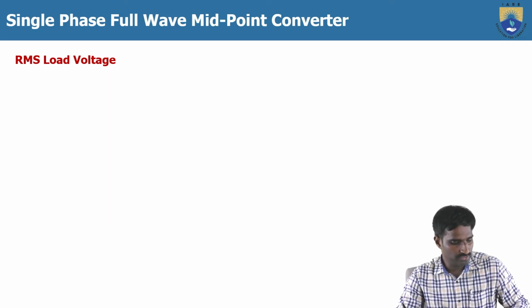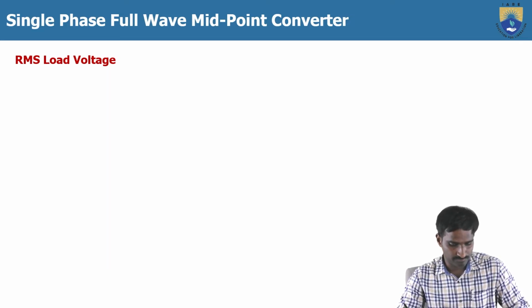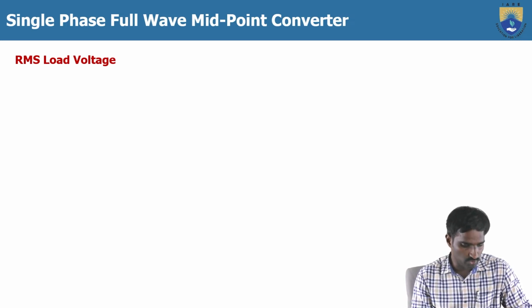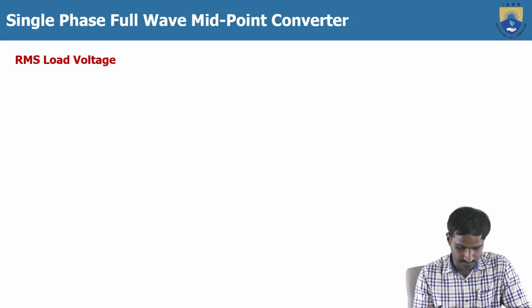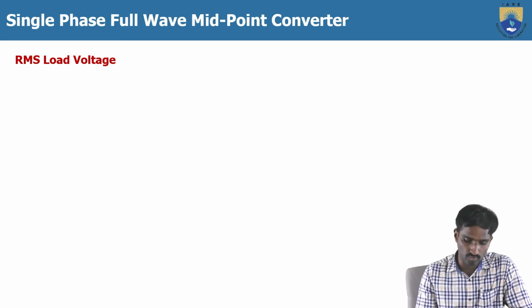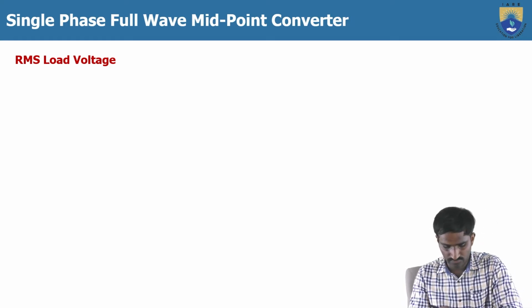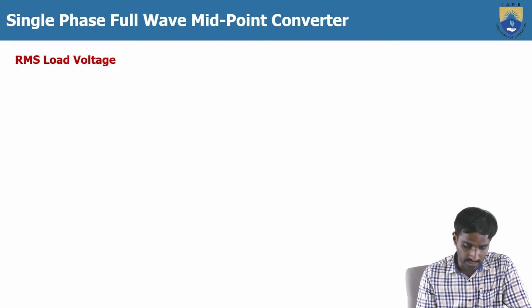Then how to find the RMS load voltage. Here, as you know, the standard equation for the RMS value of any waveform. Just now we have seen the output voltage and current waveforms.